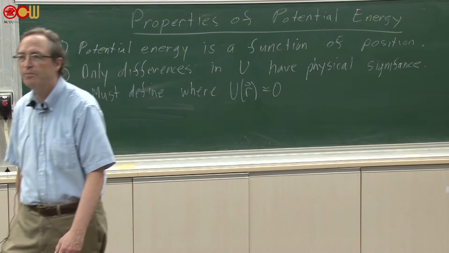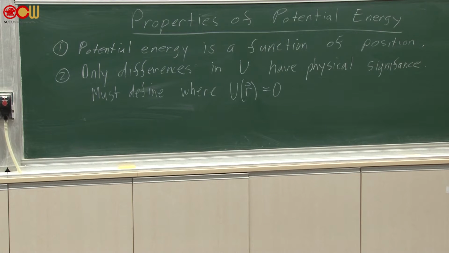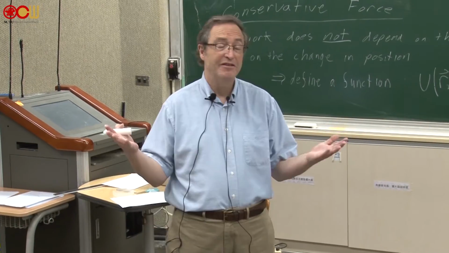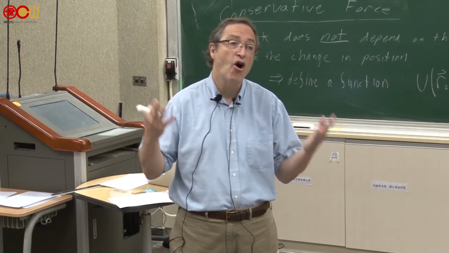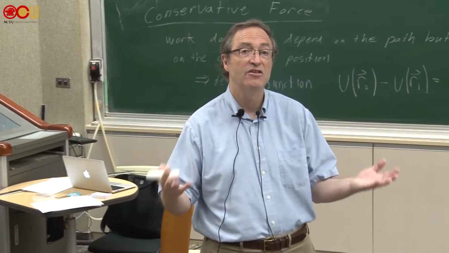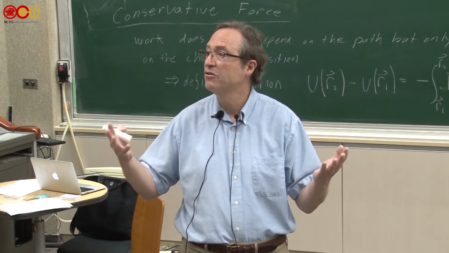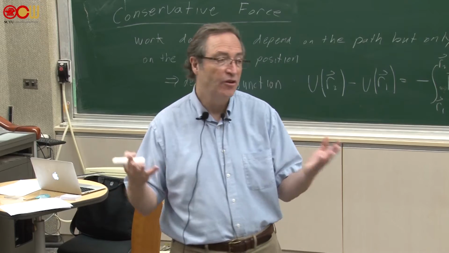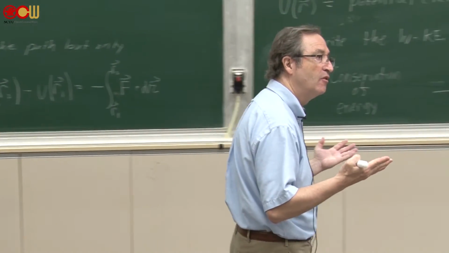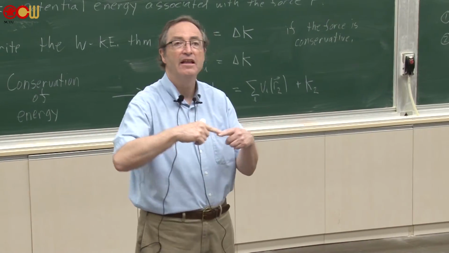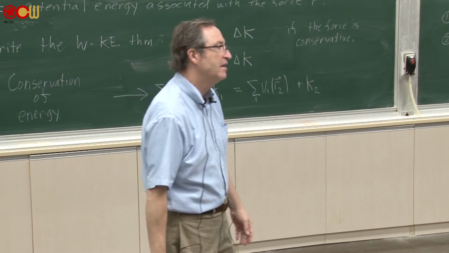And that's totally up to you. Of course, there are good choices and there are bad choices. Good choices are to choose places where the particle is at. So if the particle is at a location, it's frequently good to choose that location to be 0 and then look at other locations to be non-zero.